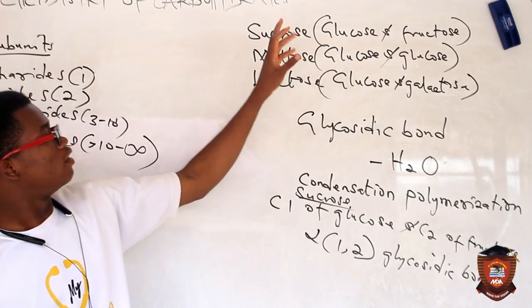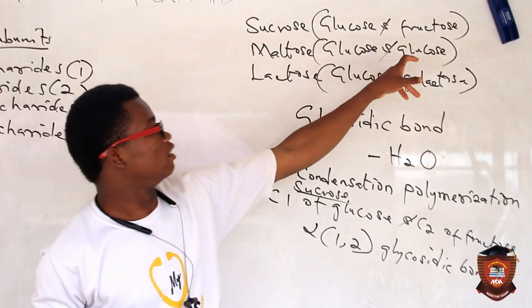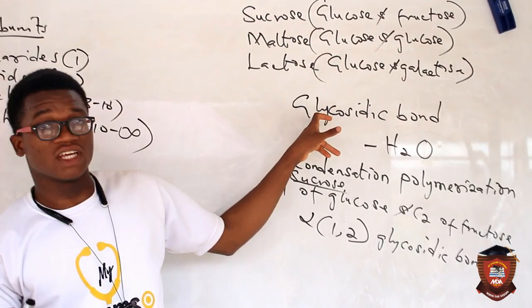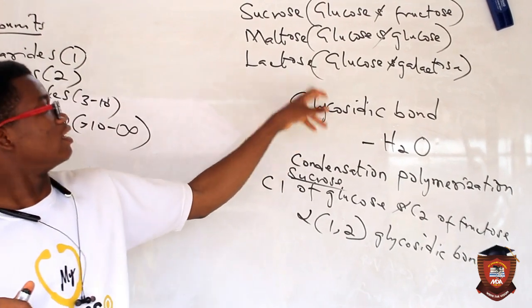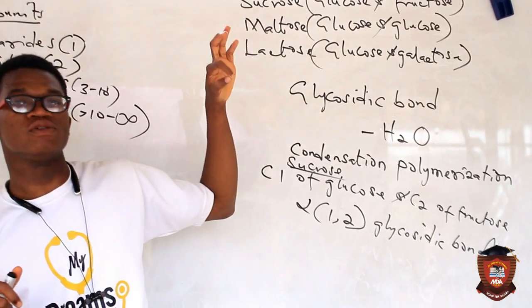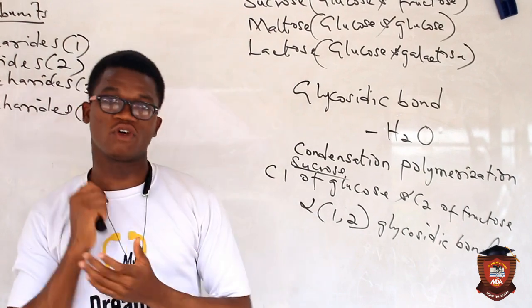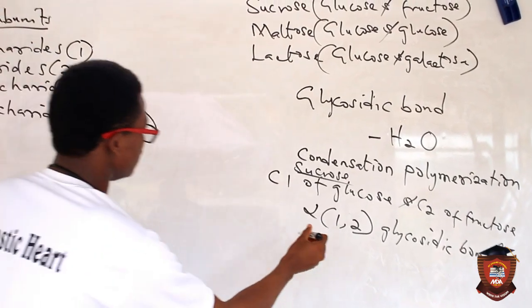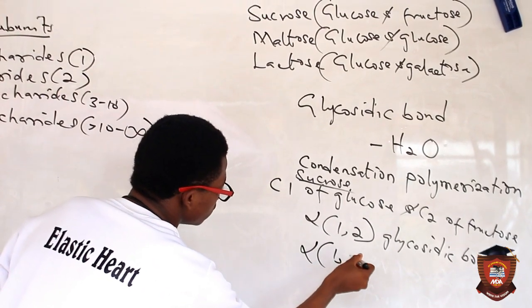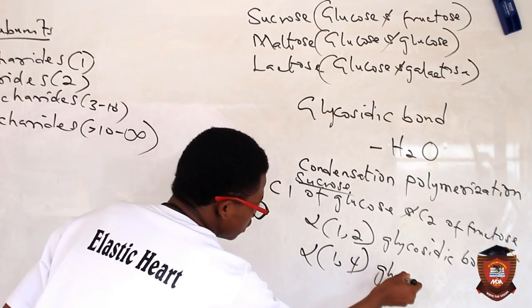So maltose has glucose and glucose. When they form the glycosidic bond, it is between the carbon 1 of one glucose and the carbon 4 of the other glucose. So what you have there is alpha 1,4 glycosidic bond.